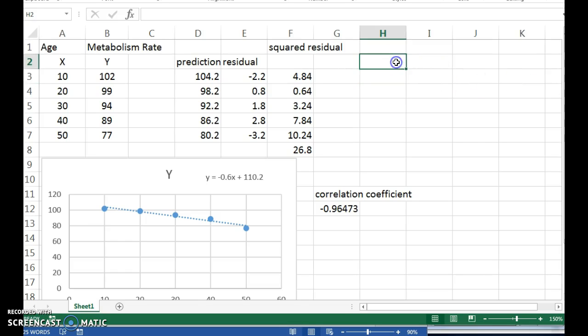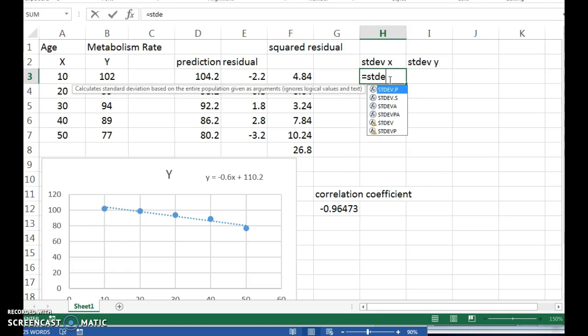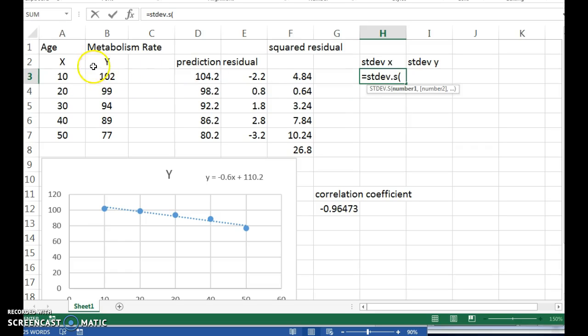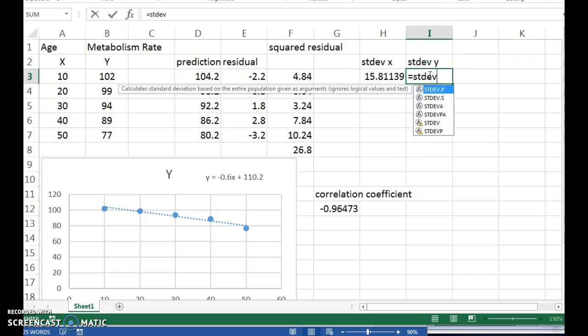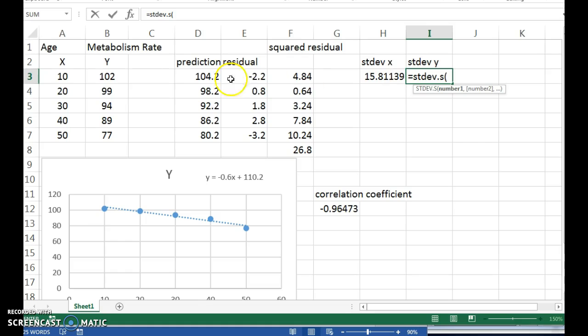So if we came into Excel, I could do standard deviation of x, and here I'll do standard deviation of y, just equals standard deviation of x. And here I need equals standard deviation of y.